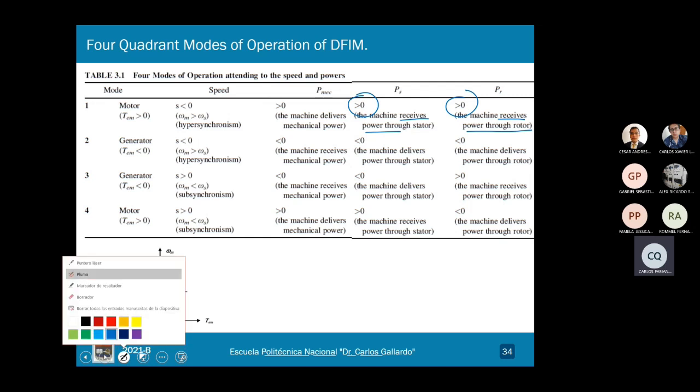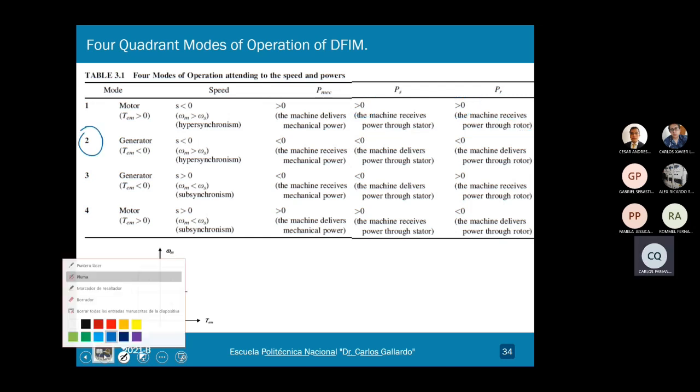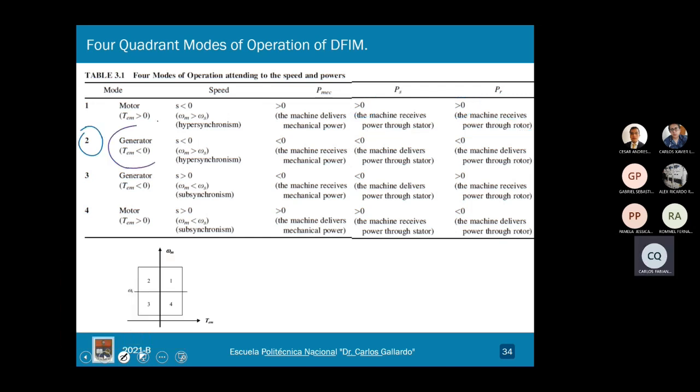But pay attention to the mode of operation 2. This is the generator. So the stator active power is less than 0, and the rotor active power is less than 0. It means the machine is delivering power through the stator, and through the rotor.